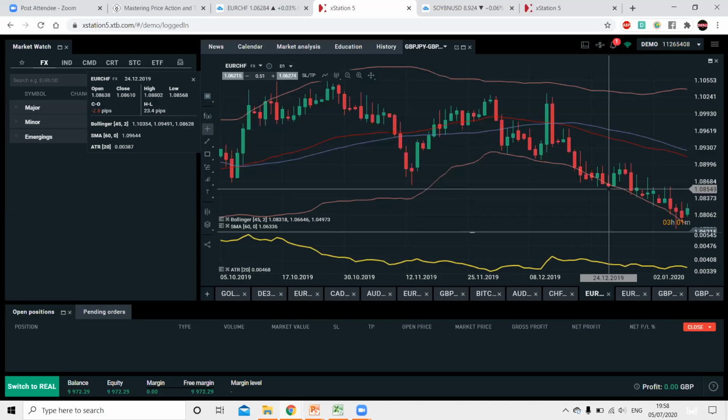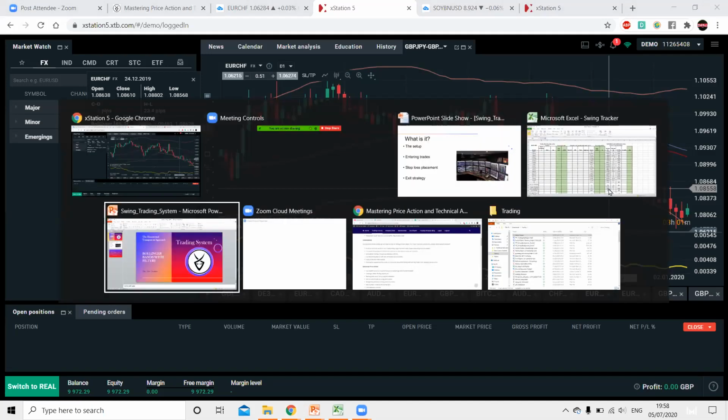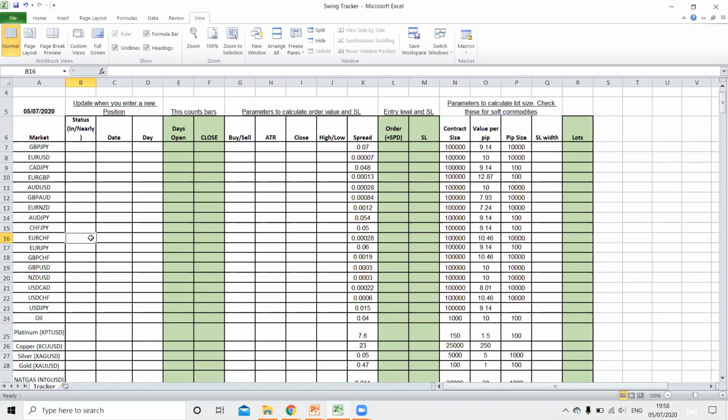Now what I'm going to do now is take you through how I'd actually place a sell order here. So the first thing we need to know is the close and the low price. So I've got a handy little spreadsheet which will do calculations for me.